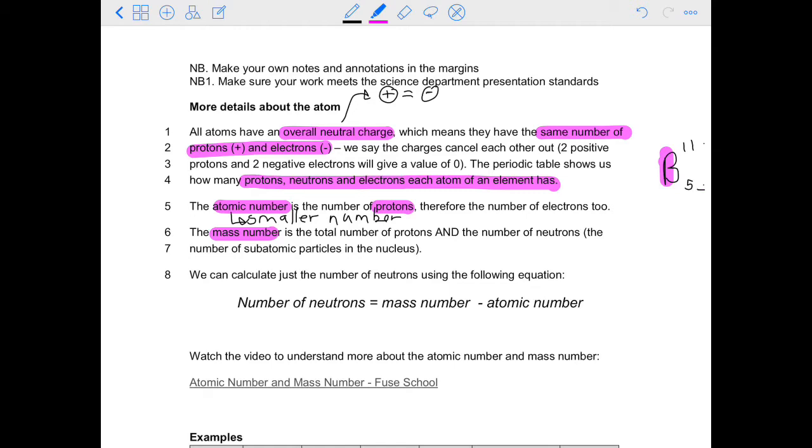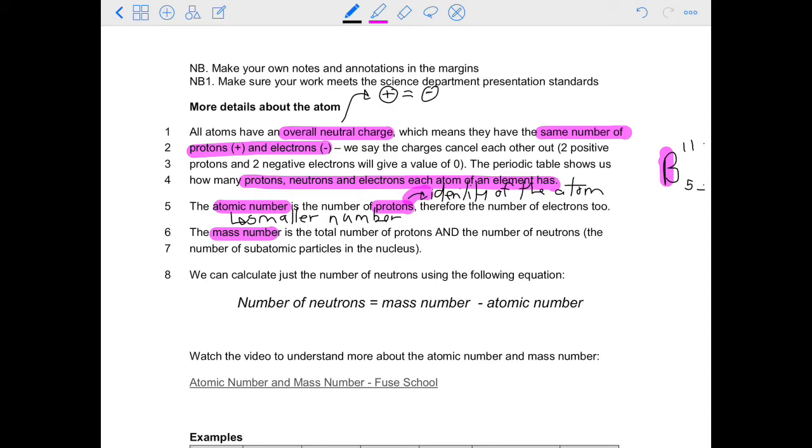If it gains an extra proton somehow, it becomes a carbon atom. If that boron loses a proton, its atomic number changes to 4 and it becomes a beryllium atom. So it's the number of protons as well as the identity of the atom.